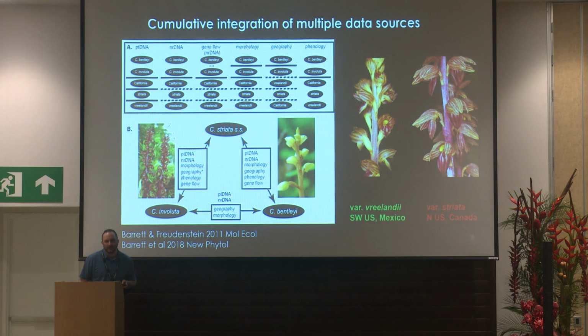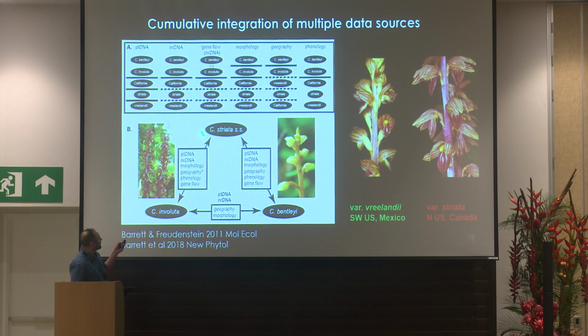Okay, so earlier work using integrative species delimitation from over 10 years ago allowed us to identify 3 species with pretty high confidence within the complex: Corallorhiza bentleyi and Corallorhiza involuta. Back to your question, Sean. Yes, these do have a selfing kind of morphology, so reduced or even cleistogamous flowers, and even before the flowers open, sometimes the ovaries are fully developed and they're producing seeds.